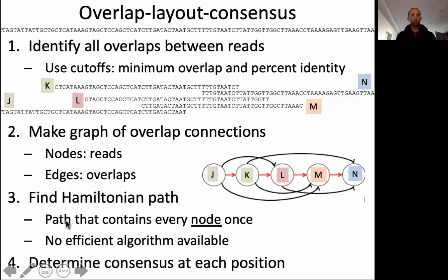Once the Hamiltonian path has been found, the consensus sequence at every position in the genome sequence can be determined by looking at the nucleotides represented in the reads. Together, this completes the overlap, layout, and consensus algorithm for de novo sequence assembly.